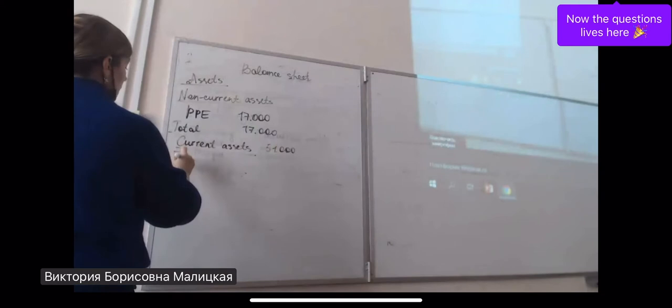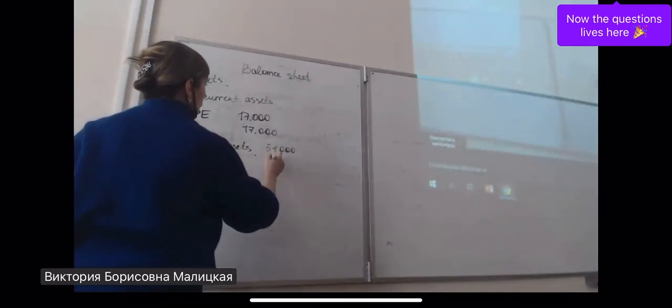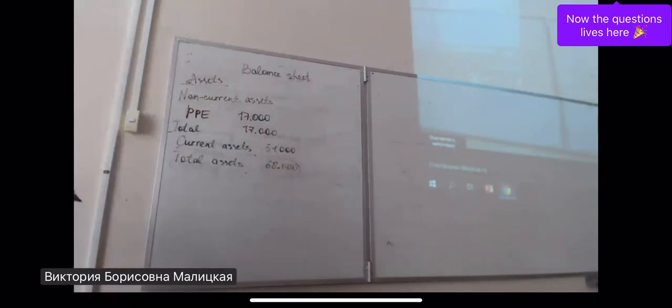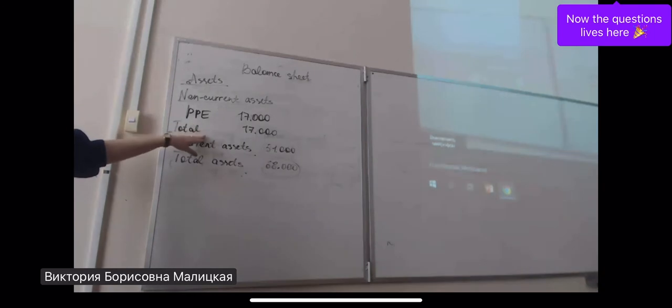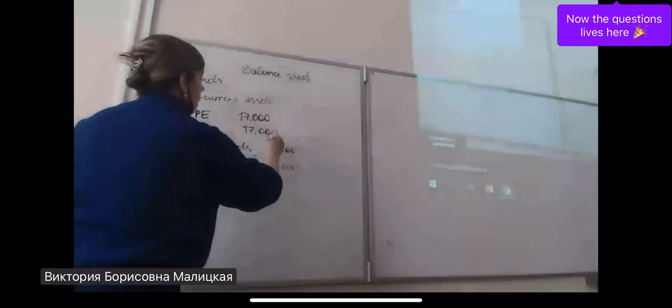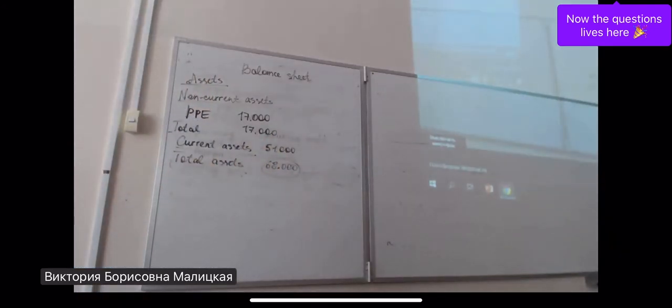And we can write down total assets. Total assets are how much? 68. Is everything clear about the balance sheet, guys? Only property, plant, and equipment and current assets in the amount of 51,000. And we have total assets. Yes, Anya, of course, you can ask a question.